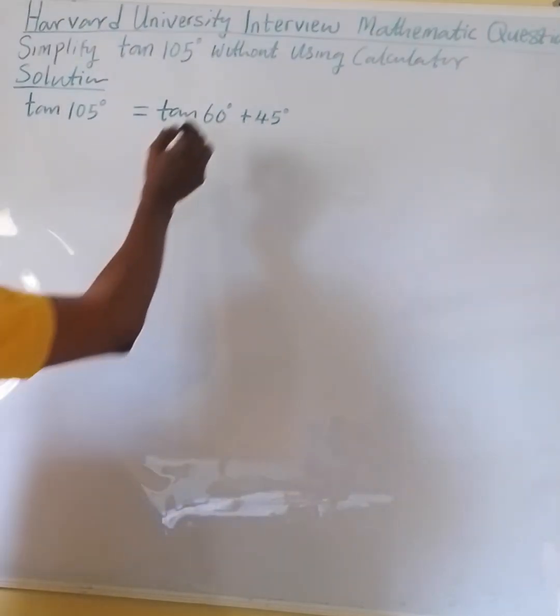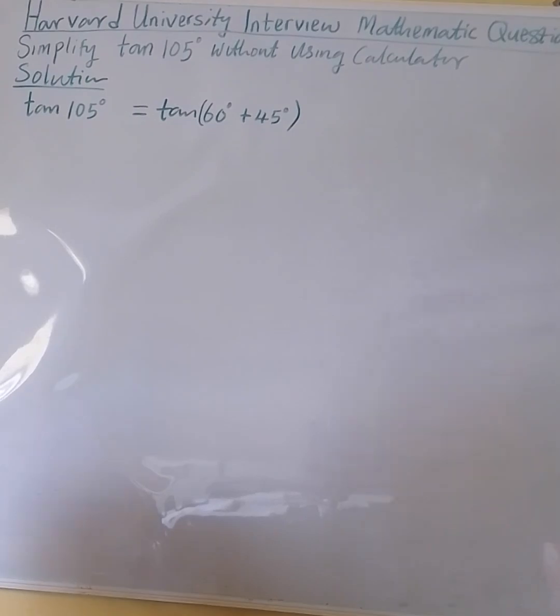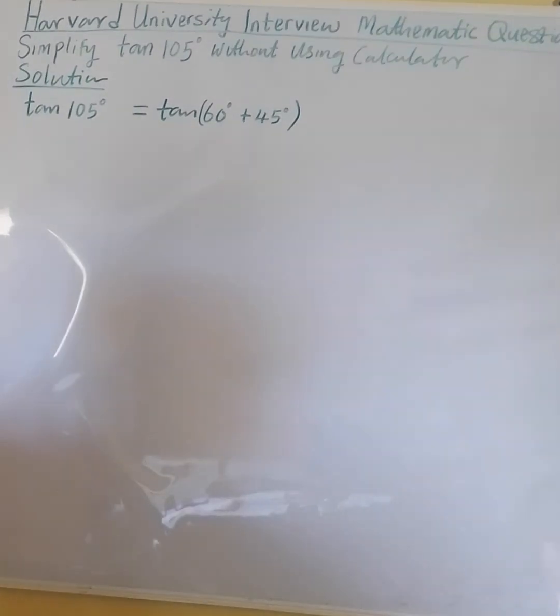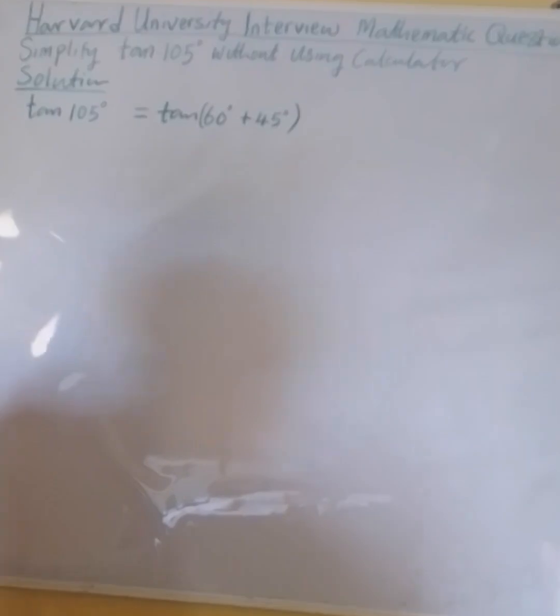As we have it like this, you can group it like this. So tan of 60 degrees plus 45 degrees equals tan 105 degrees.